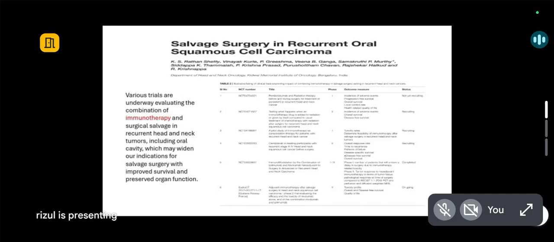These were some of the trials still underway, looking at the combination of immunotherapy and surgical salvage therapy for recurrent head and neck cancers, specifically the oral cavity. They show that adding immunotherapy can improve survival and preserve organ function.